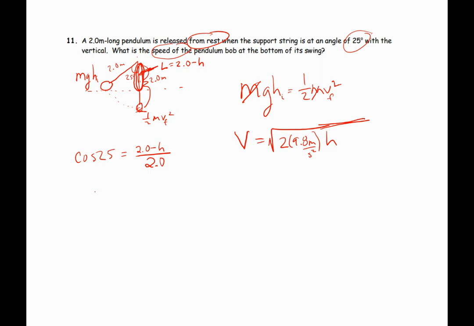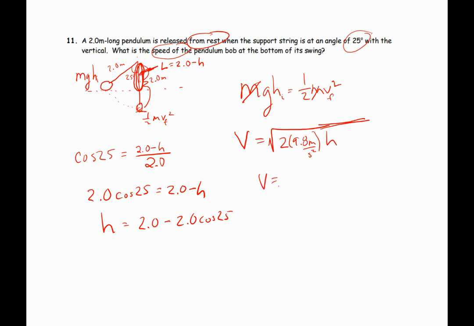So I end up getting 2.0 cosine 25 equals 2.0 minus h. Okay, and so therefore I get h is equal to 2.0 minus 2.0 cosine 25. And when I go ahead and plug in those values there, I end up getting that my height is 0.187.